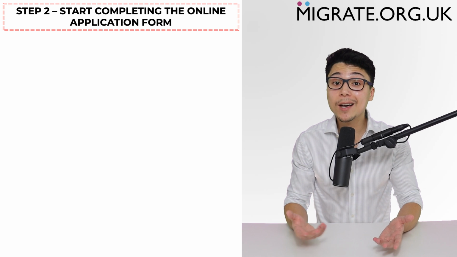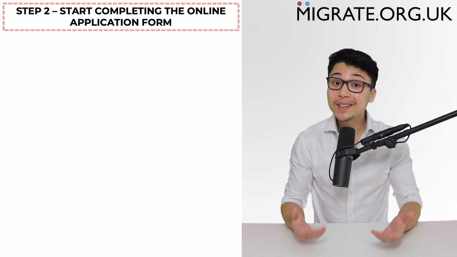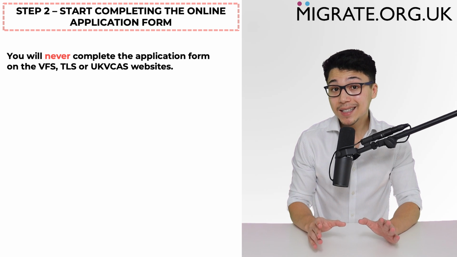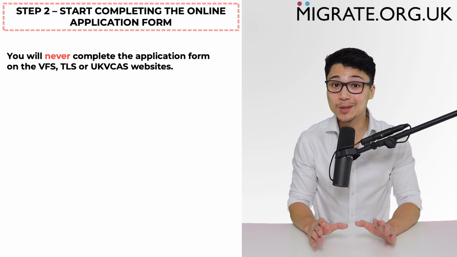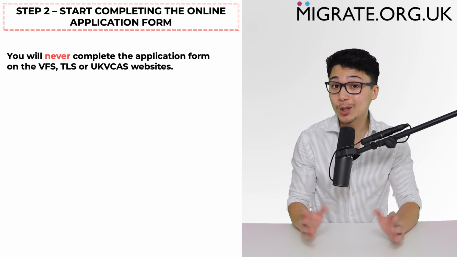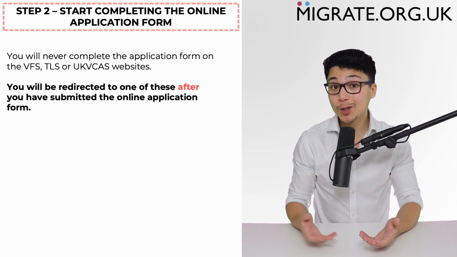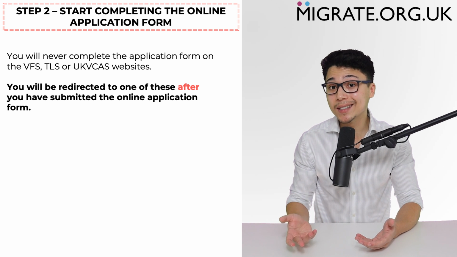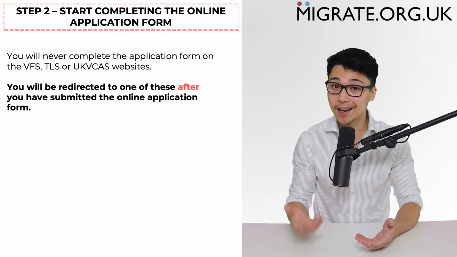So you may have already heard about the VFS, TLS or UKVCAS websites. Partners are often initially unsure what roles these websites play in the spouse visa application, so let's quickly discuss that now. Firstly, you will never complete the online application form on the VFS, TLS or UKVCAS websites. Instead, you'll be redirected to one of these websites after you've completed and submitted the online application form we've just discussed.